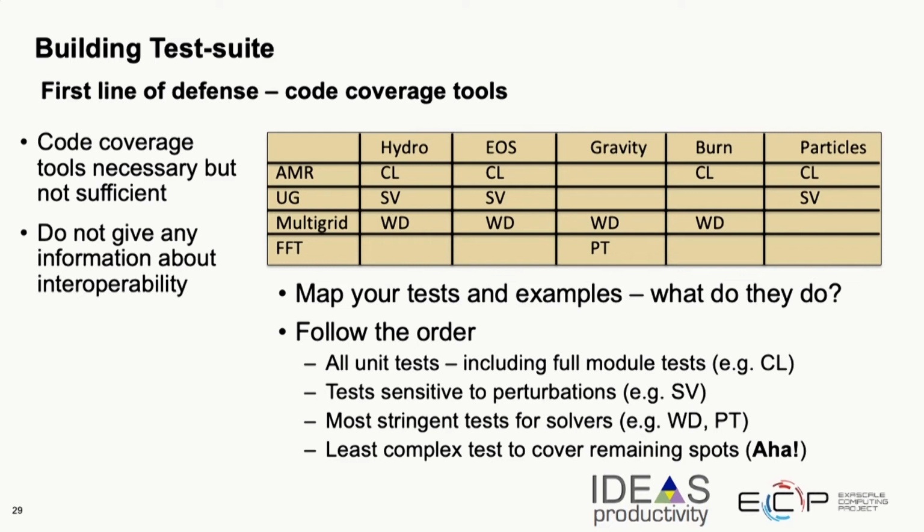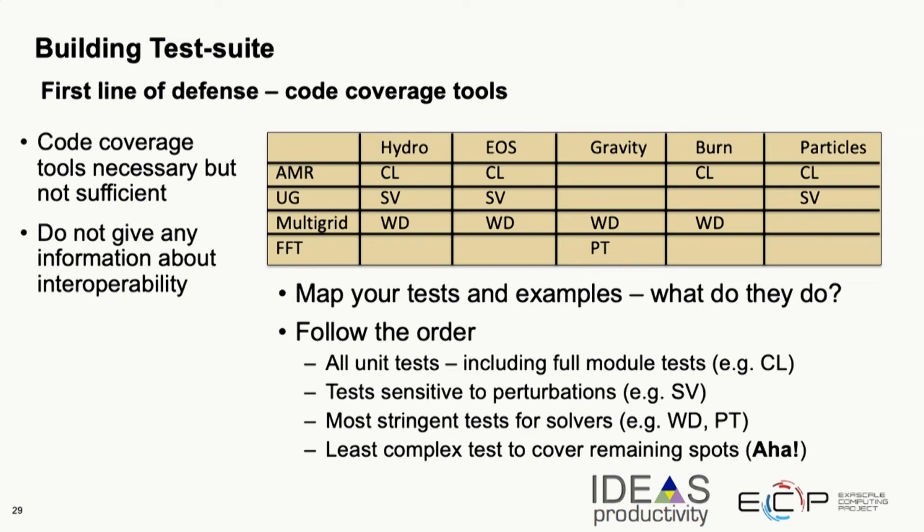Then as a next step, for the remaining spots that are still empty, we pick tests that are very sensitive to perturbation, because if you want to minimize the running time of your test suite, you want a test that fails quickly rather than runs for a while before failing. So you pick things that are very sensitive to perturbation.